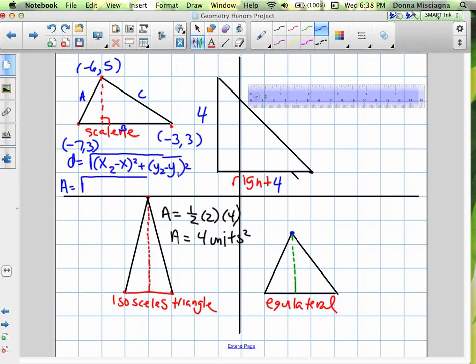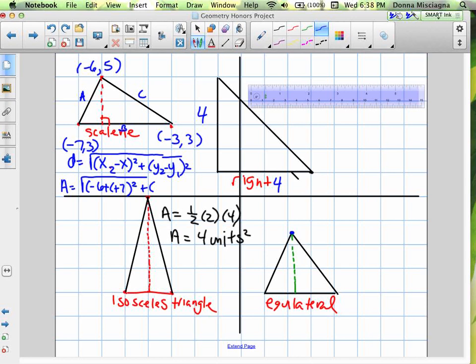So for A, that would be negative 6, so I'll start with negative 6, 5. So negative 6 minus a negative 7, that would be a plus, squared. I don't have a whole lot of space here, but I'll do a few of them anyway.